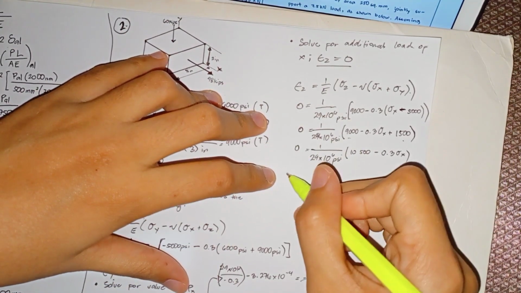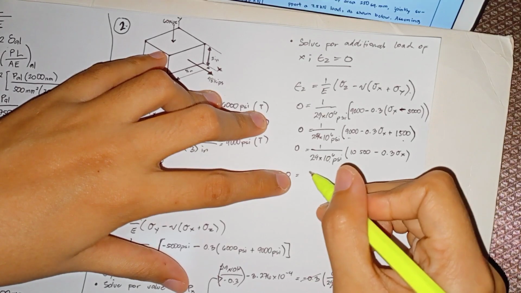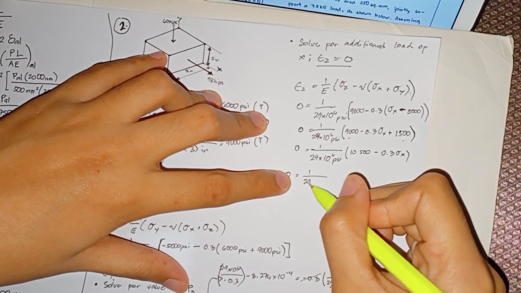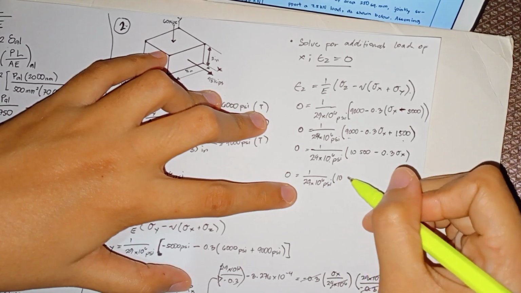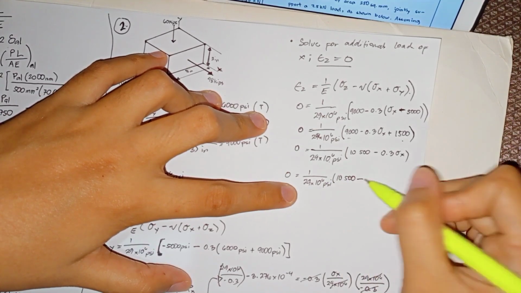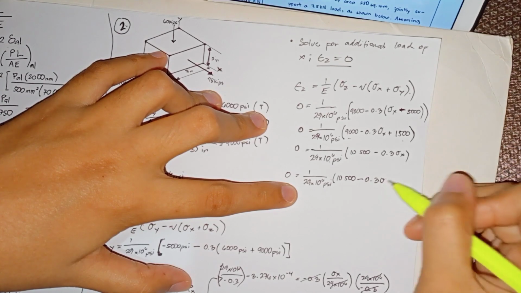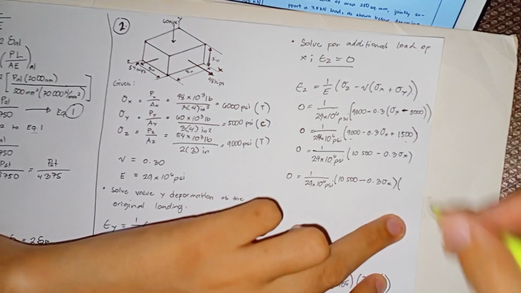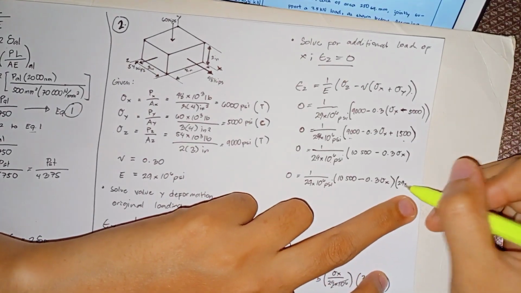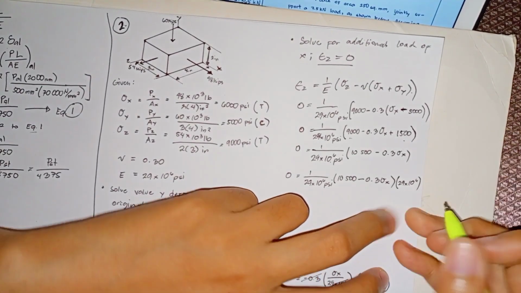Bakit siya matatanggal? Let's see. 0 is equal to 1 over 29 times 10 raised to 6 psi multiply by 10,500 minus 0.3 stress x. Pag multiply tayo dito ng value nito, para makancel natin siya, 29 times 10 raised to 6.